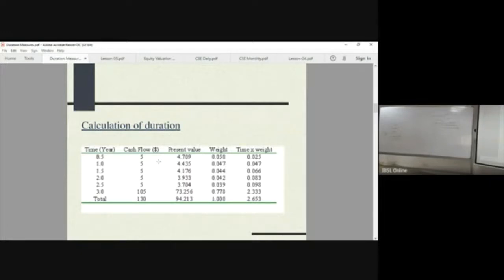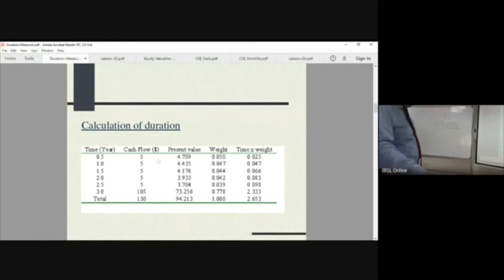Yes, it is available here. 94.213. That is the bond's price. Not the face value. I'm asking the price. 94.213. This is the total of present value of cash flows. That comes to the price of the bond. That is 94.213. And I will explain what we mean by the weight.